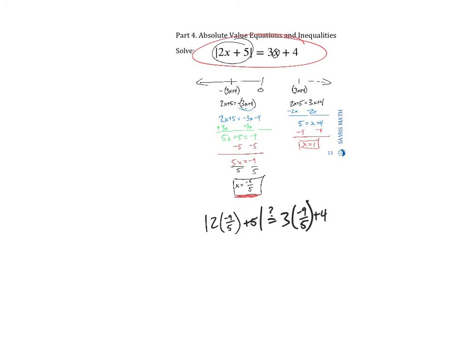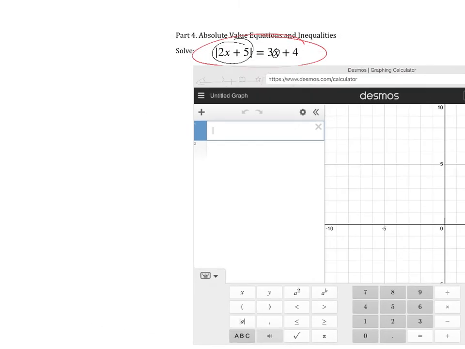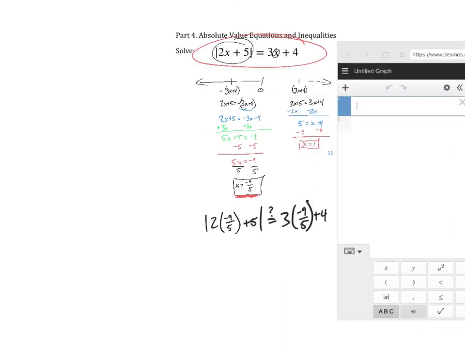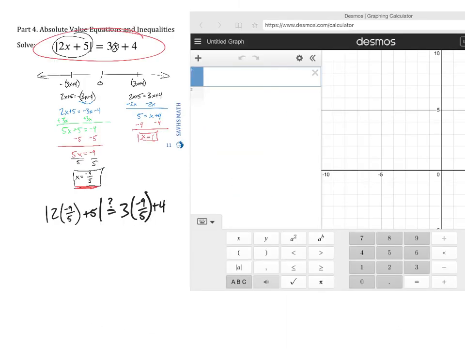So I'm going to pull up my Desmos calculator. And I'm just going to type in this whole thing over here. So absolute value is this button right here. So then I do 2 times negative 9/5 plus 5.